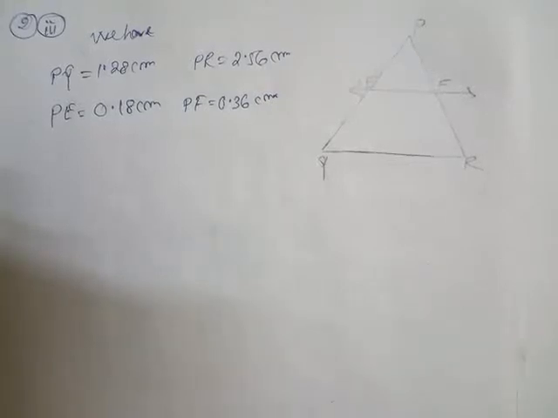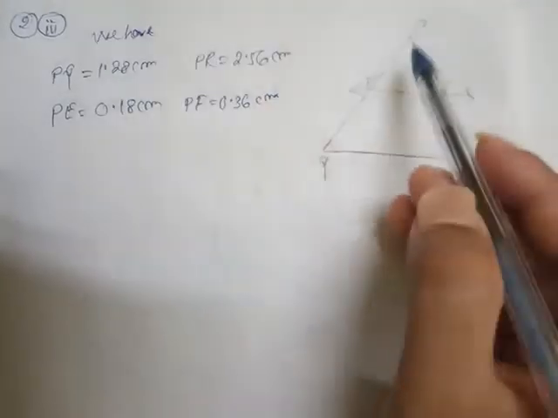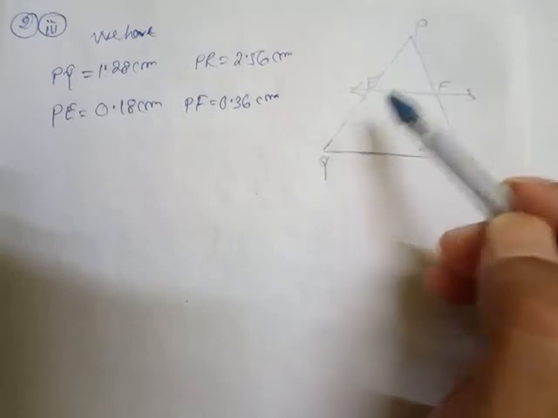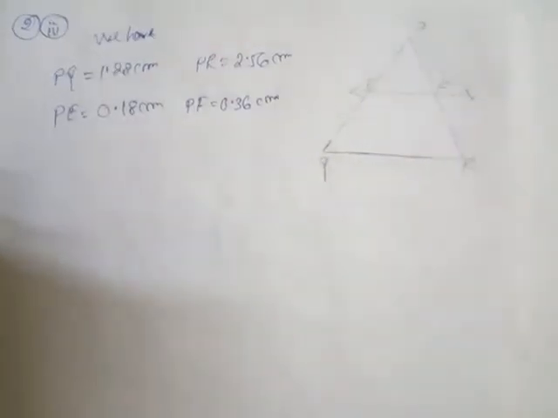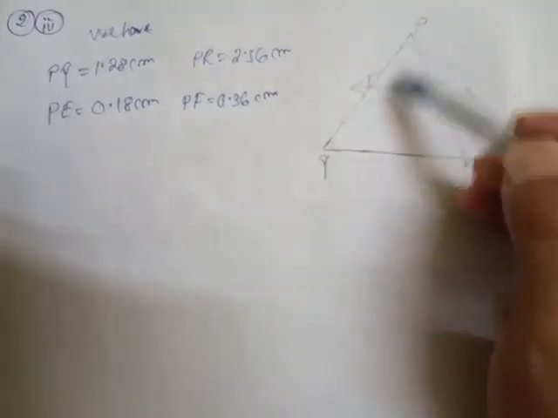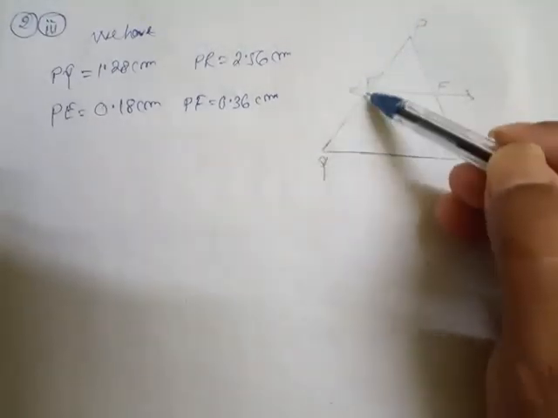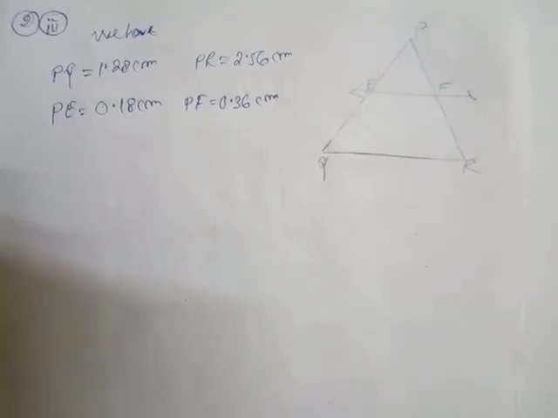Look student, if we go for PE by EQ, then we need the value of EQ, but here PQ and PE are given. So look student, if I subtract PE from PQ, we'll get EQ. How? Look here now.